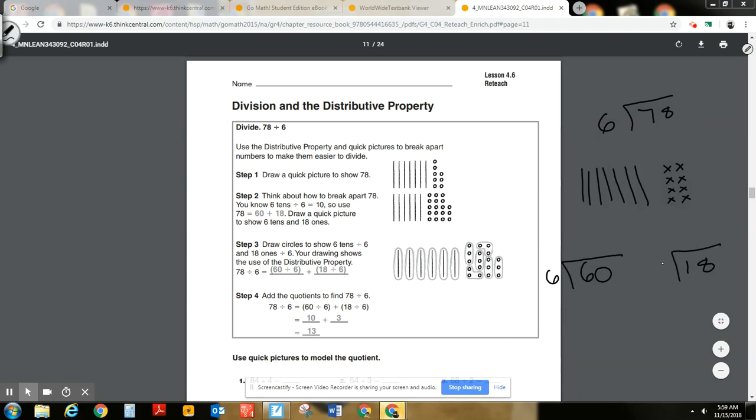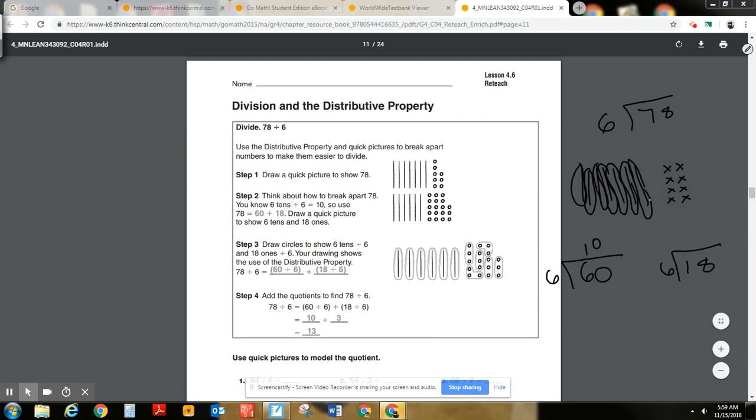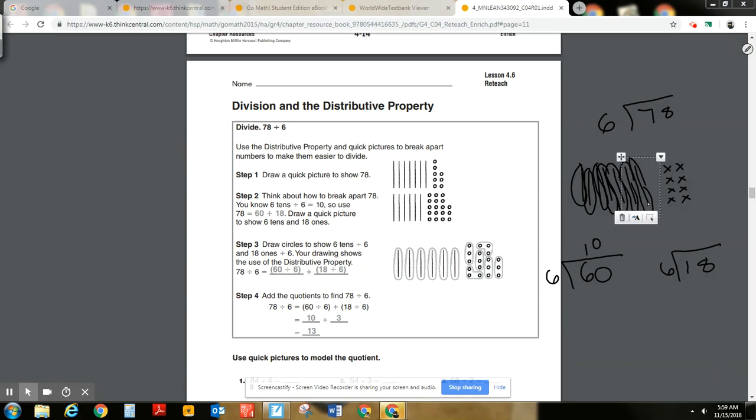All right? And I can see 60 divided by 6 is 10, because I'm counting by tens here, right? So I've taken care of these 60. I've broken them up. So we got 10, 20, 30, 40, 50, 60.